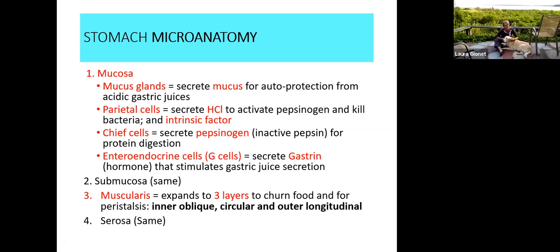Hydrochloric acid serves a couple different functions. One is to stimulate the conversion of pepsinogen, the inactive form of pepsin, and pepsin begins protein digestion, breaking down a polypeptide to a dipeptide. Hydrochloric acid also helps kill bacteria.